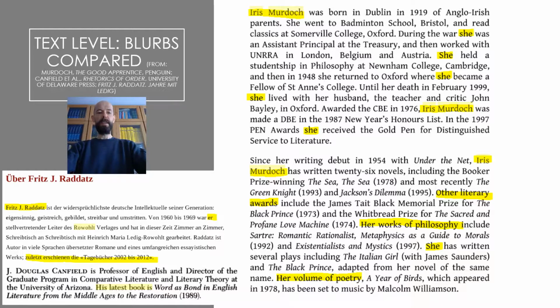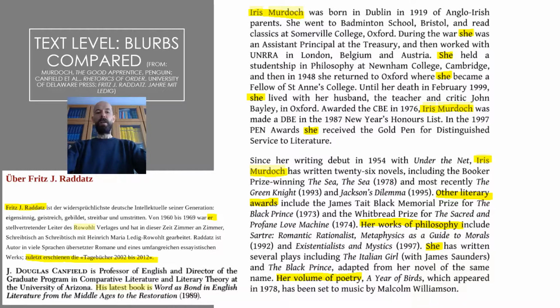If we look at the blurb about Fritz J. Radatz on the left, we can see that at least the last sentence breaks with this kind of pattern in German. So we have "zuletzt erschienen die Tagebücher 2002 bis 2012", where in English we would have to use something like "his latest book was", or "his latest book is".